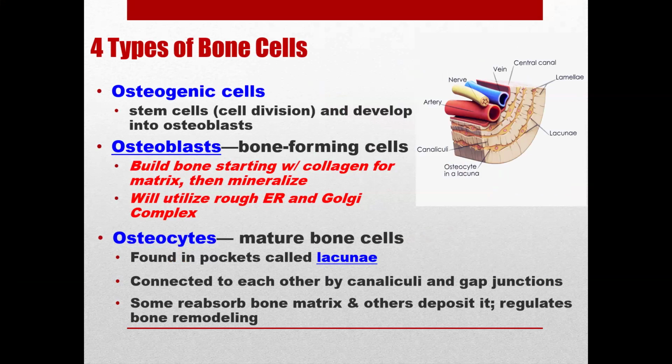The fourth cell, the osteoclast, is something altogether different. The next cell we're going to look at is something altogether different. It's not related to these three. So know those three in that order.